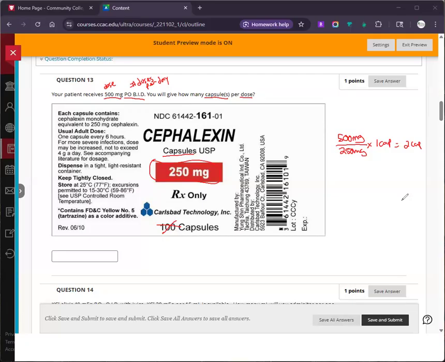Like I said, you shouldn't get an answer where you would have to worry about that. But let's say you got like 2.75 capsules as an answer, it would be 3 capsules. But saying that, you're not going to have that as an answer. They wouldn't even administer that medication if they couldn't get the quantity right. The order wouldn't make sense.